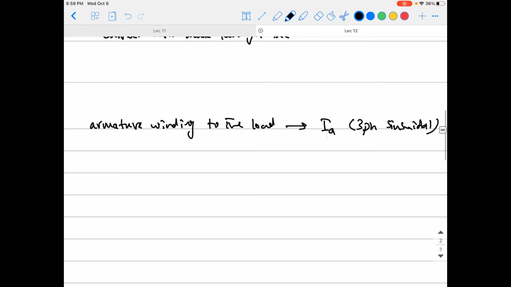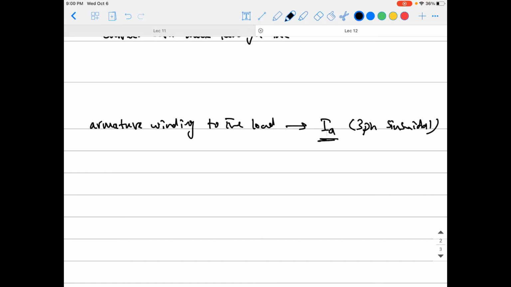So you now have a current moving inside the machine. The whole point is, like we said before in the DC machine, these are the concepts you want to know.